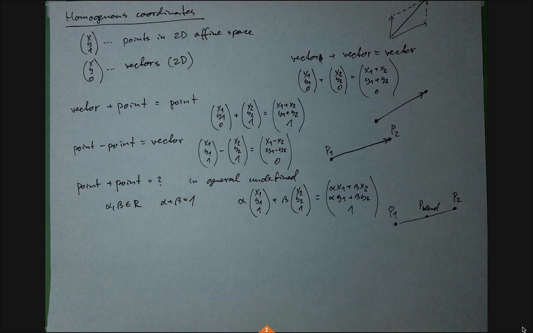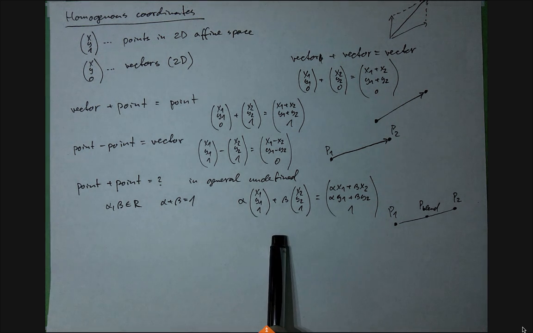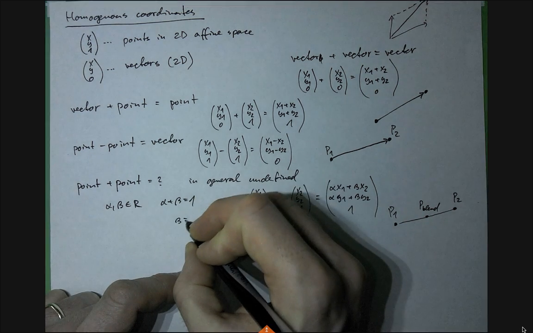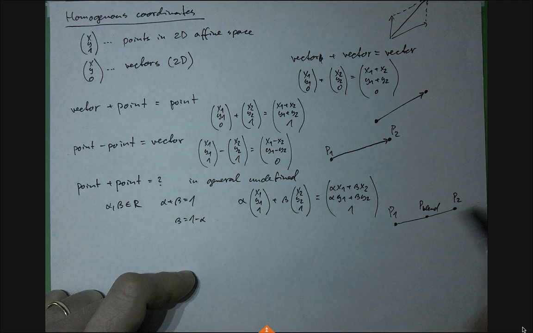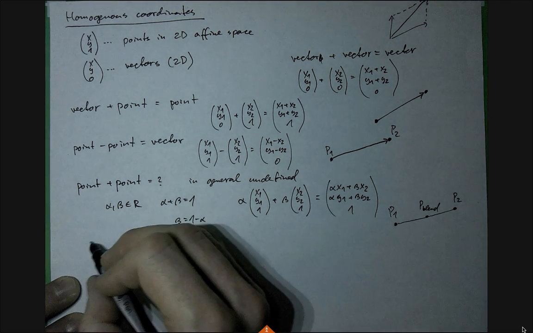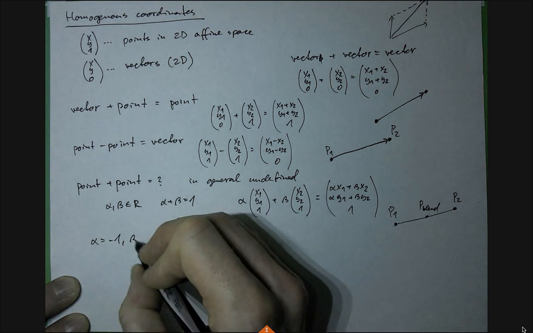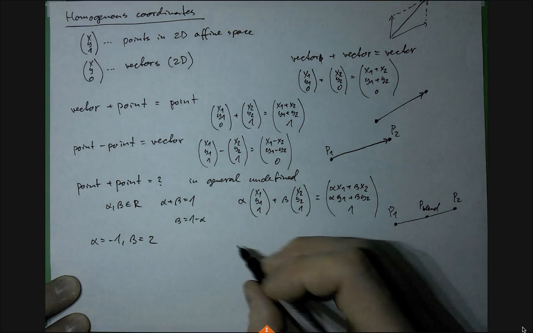Okay. And if I vary the alpha between 0 and 1, then beta, of course, also varies between 0 and 1, right? Because beta really must be 1 minus alpha. Then I basically trace this line segment from P1 to P2, okay? By the way, nothing prevents me from taking negative alpha. There's no problem taking alpha equal -1 and beta equal 2. What do I get in that case?